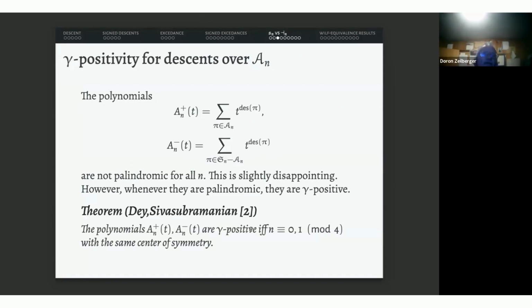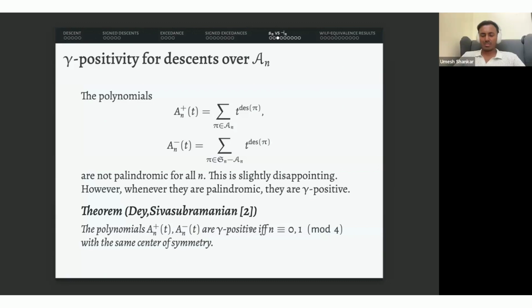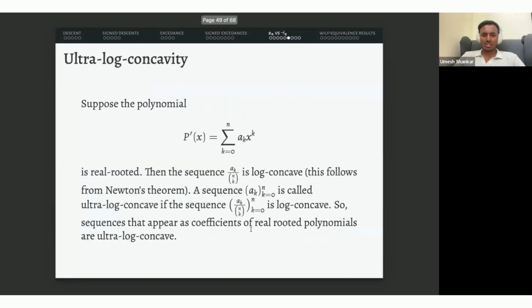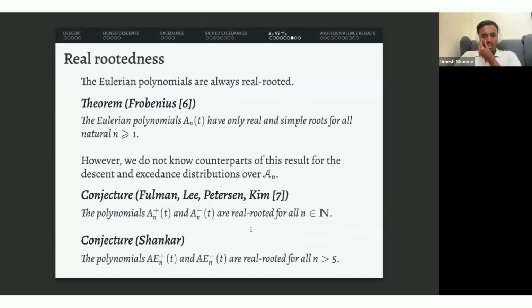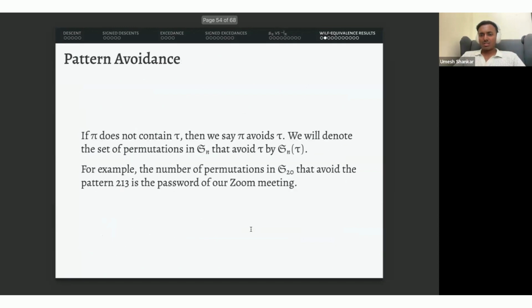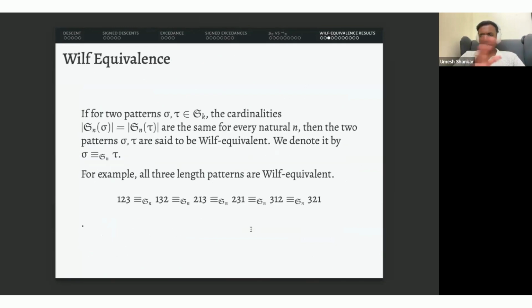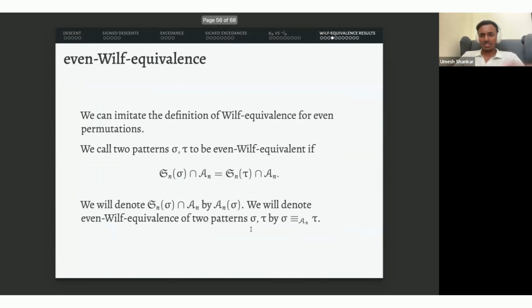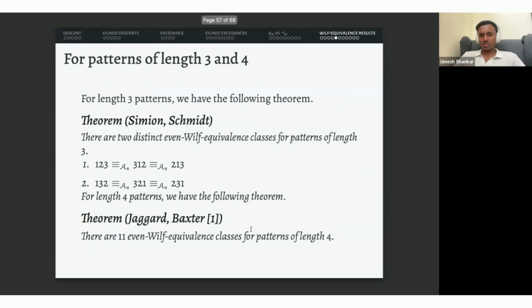This was something I noticed. Otherwise, I'm not sure how to include other statistics into this. I do not know.